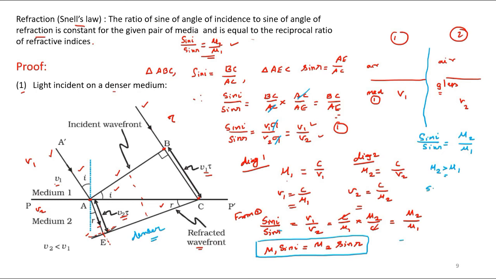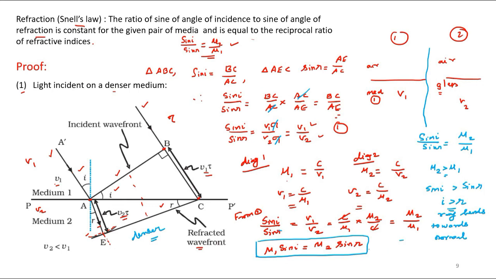So sin I is greater than sin R, so I is greater than R. Come to this picture, I greater than R, which indicates the ray bends towards the normal.